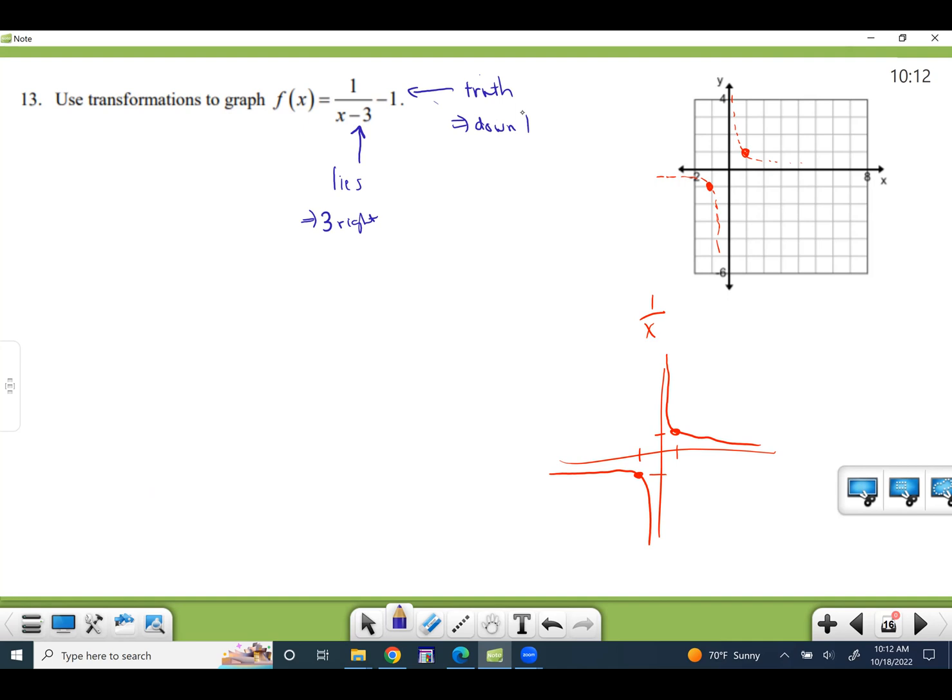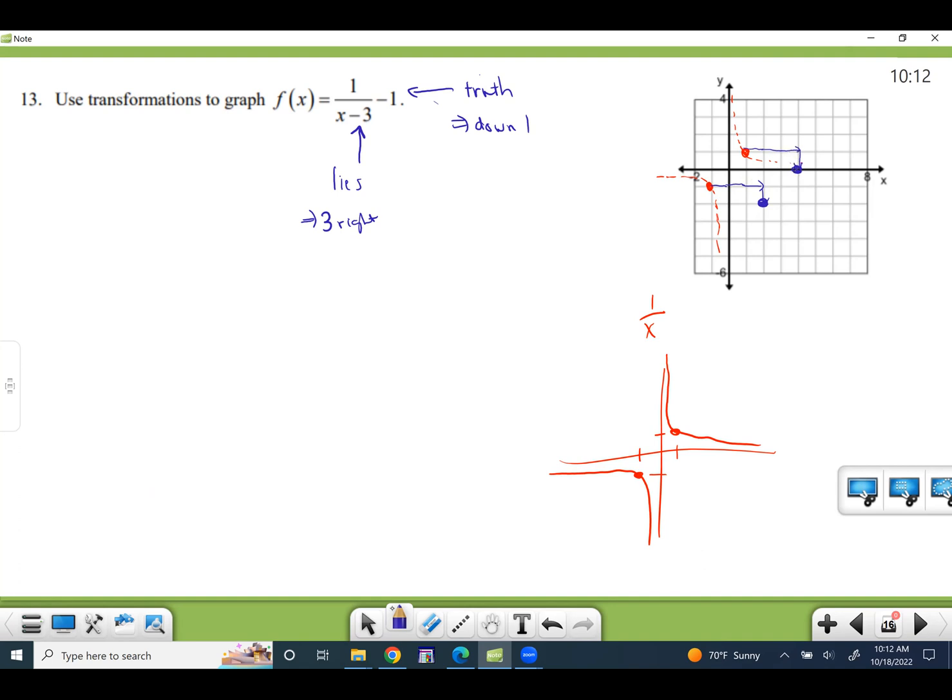So the back end gives us the up and down. The one that's inside the function gives us the left and right. So we're going to go 3 right, down 1. So 3 right. Ready? 1, 2, 3, and then down 1. 1, 2, 3, down 1.